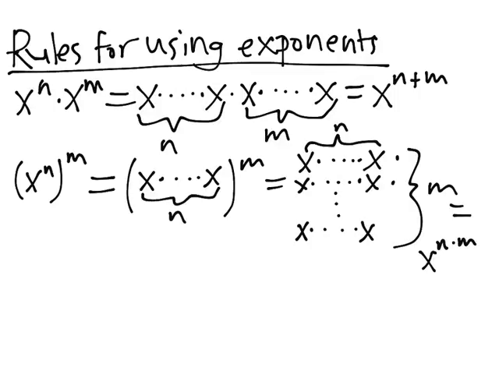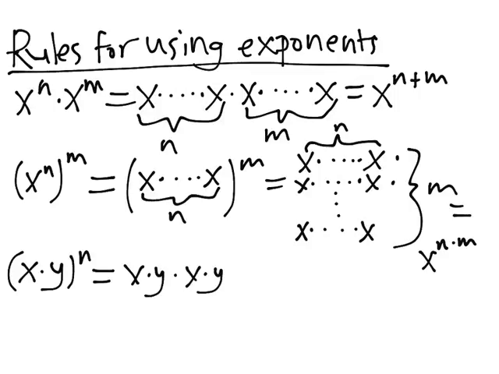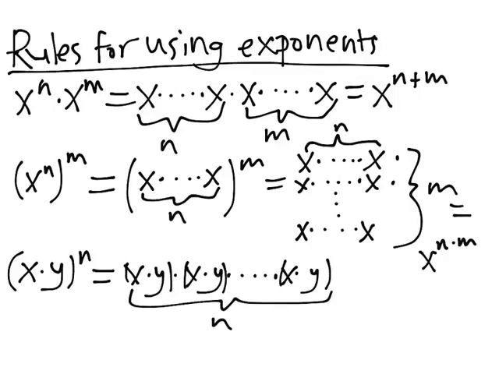Finally, suppose we have a product raised to a power, like x times y, to the power n. Again, using the definition of raising to the power n, this is x times y, times x times y, times ... times x times y. You can put parentheses around these to make it more clear. And this happens n times.